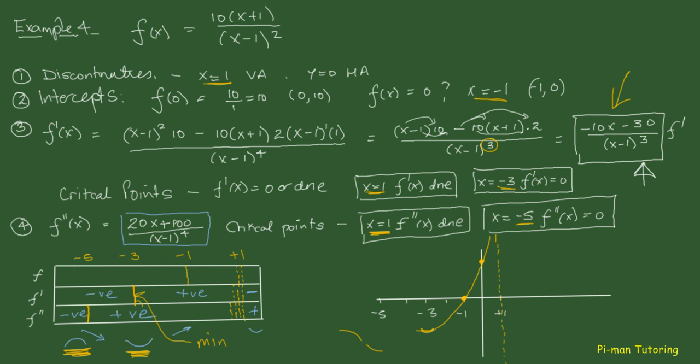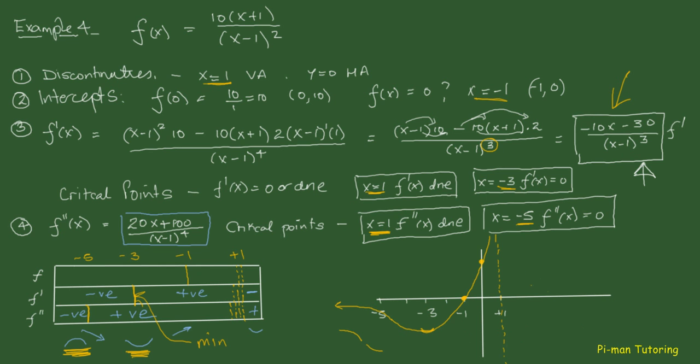So we're going to come up like this, and then we're going to turn at negative 5 and head this way towards the horizontal asymptote, which we know is y equals 0. So that's given us the graph to the left of the vertical asymptote.